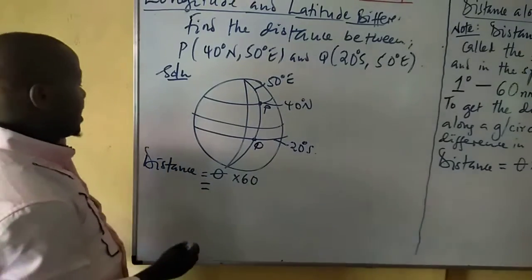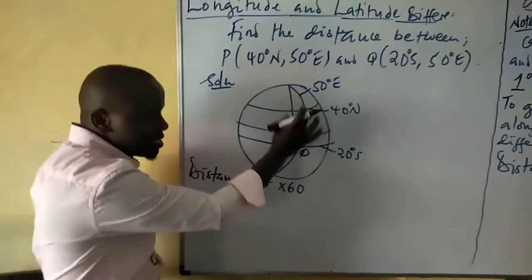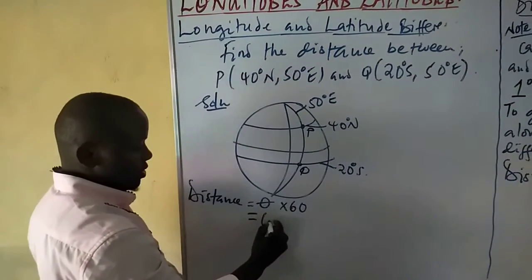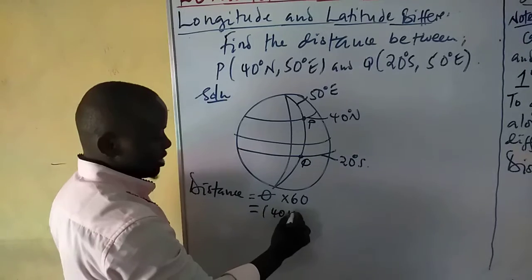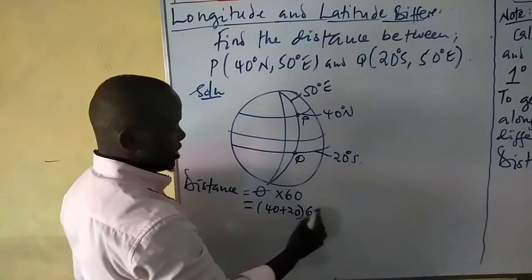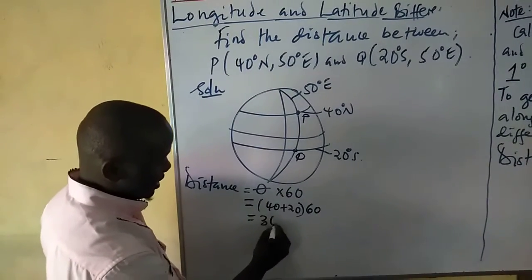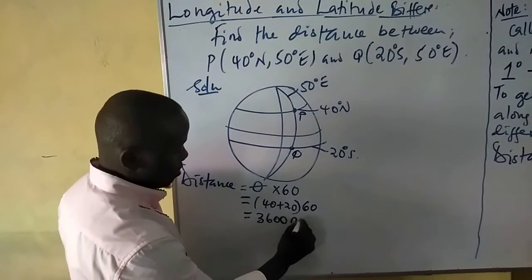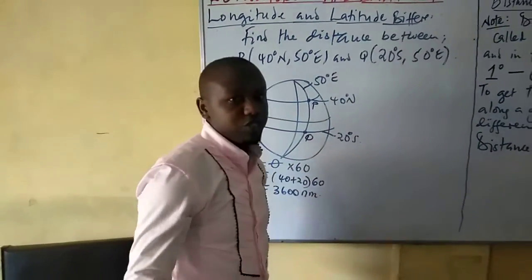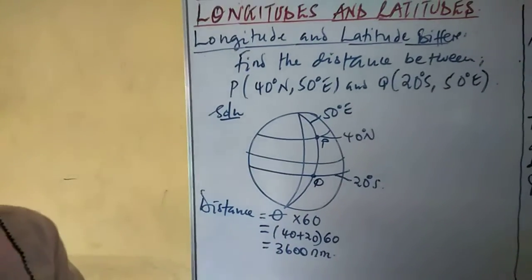Because they are on opposite sides, the latitude difference is 40 plus 20. Then we multiply by 60, which is a constant. This is 60 by 60, which gives us 3600 nautical miles. So that's how it is done in nautical miles.